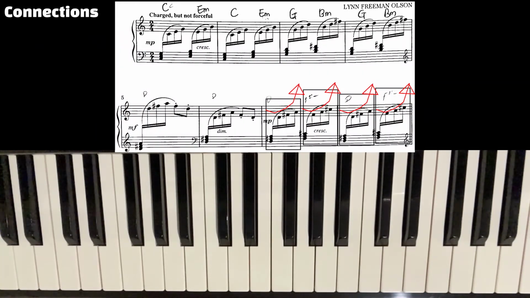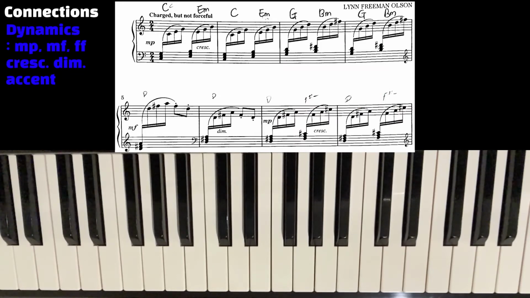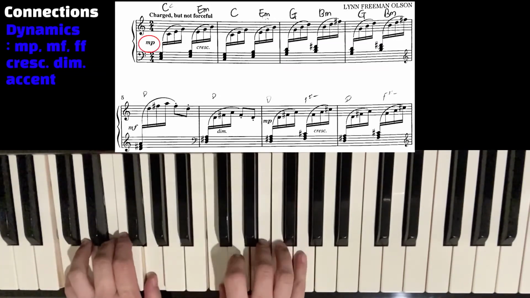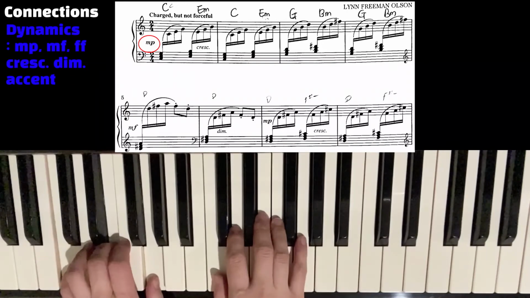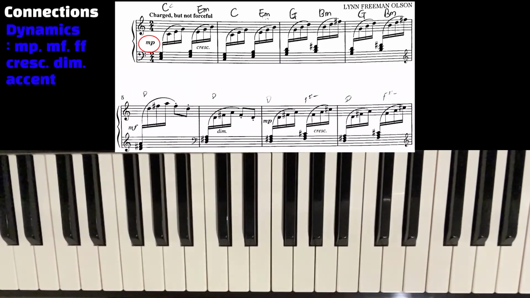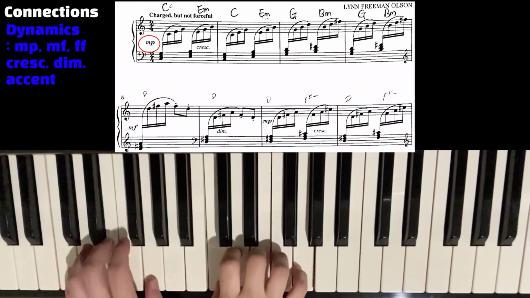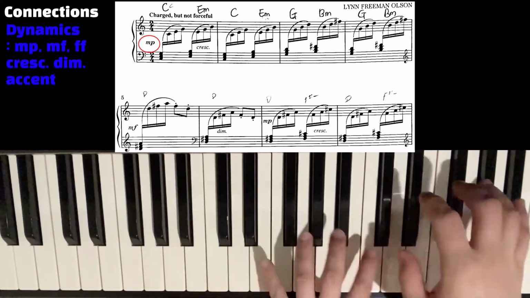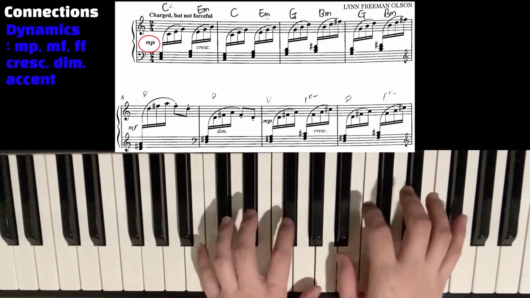When we look at the dynamics, we find mezzo piano, mezzo forte, and fortissimo at the end. Other dynamics are crescendo, diminuendo, and accent. Mezzo piano is a little soft. When you have upward motion, when the notes are going up, it goes crescendo.